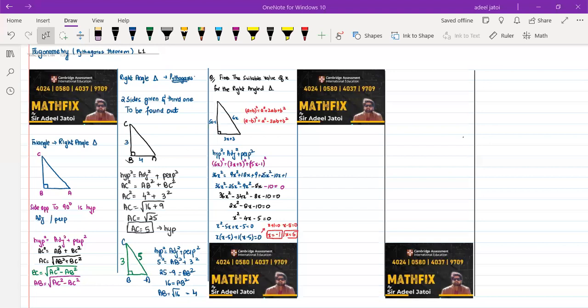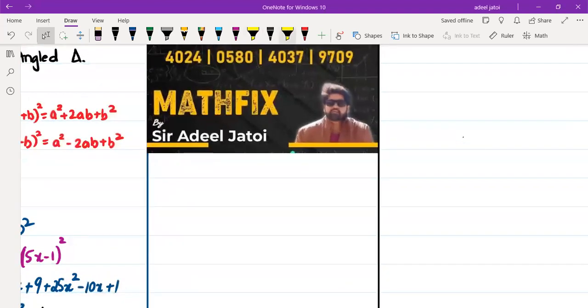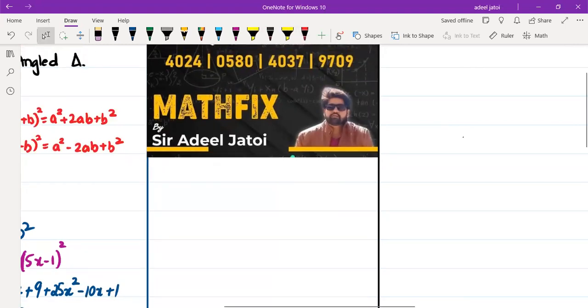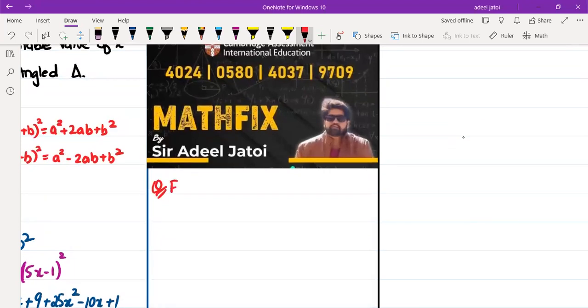Now moving on to another type of question that can be tested by the examiner, and this is not commonly used, and that says find the unknown length. Find the unknown length.